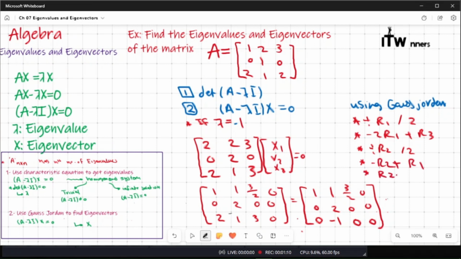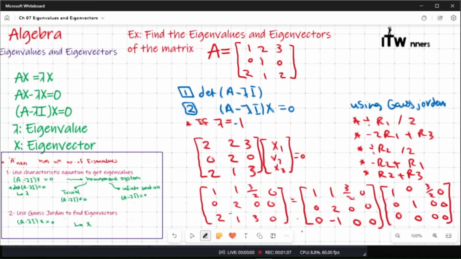Here add the second row to the third row. This will be equal to, here we have 0, 1, 0, 0, here 1, 0, multiplied 1 by negative 1, then add to 1, we have here 0, we have 0, and here we have 0, 0, 0, okay?